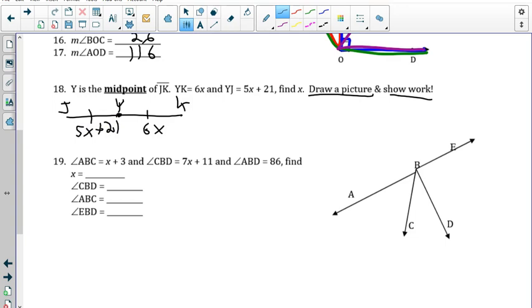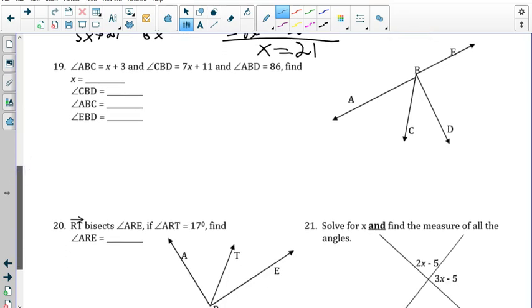So that we don't have any total, we just say 6x equals 5x plus 21. Subtract 5x. X is simply 21. And notice it did not want us to plug it in and find out the lengths. We're done at x.